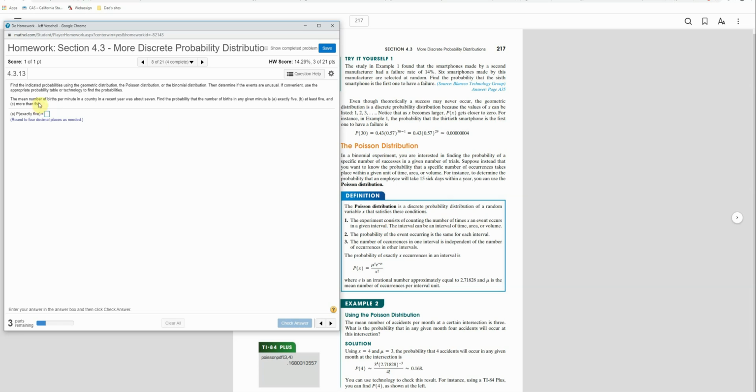In this case, we're looking to see how many births occur in a minute. So there's our event, the birth, and our interval is a minute. The probability that the birth occurs is going to be the same. The number of births in 1 minute has no effect on how many births occur in the next minute. So they're all independent, and so this is a Poisson distribution.